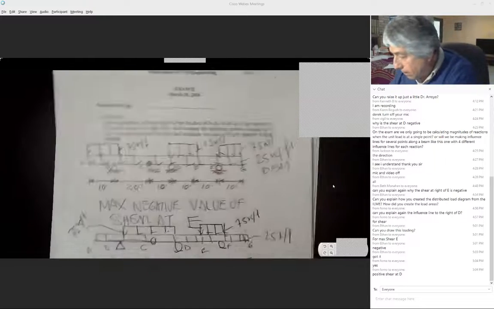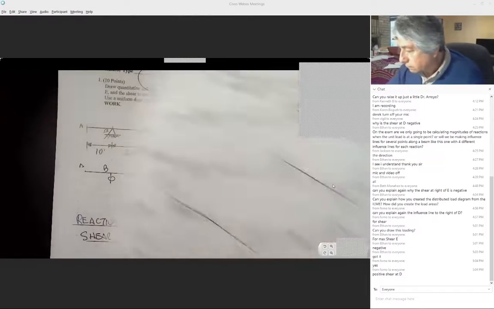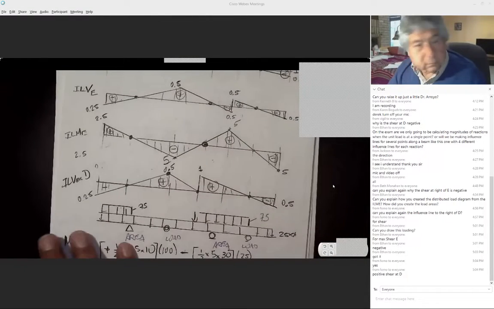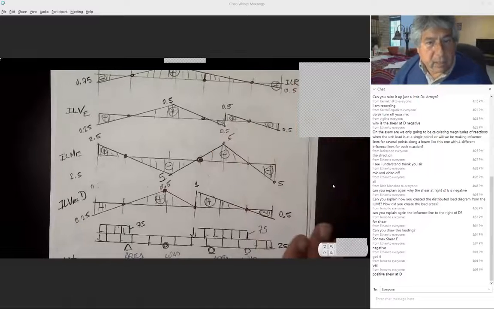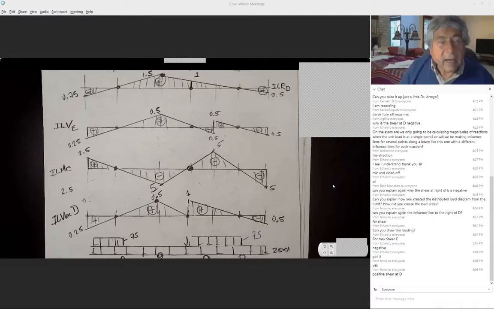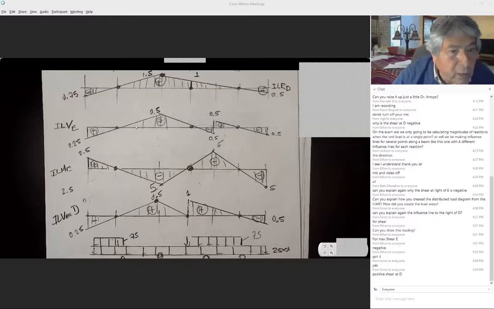You can see in here the influence line for the shear. It tells you always put the dead load. For positive, you only load this portion and this portion.